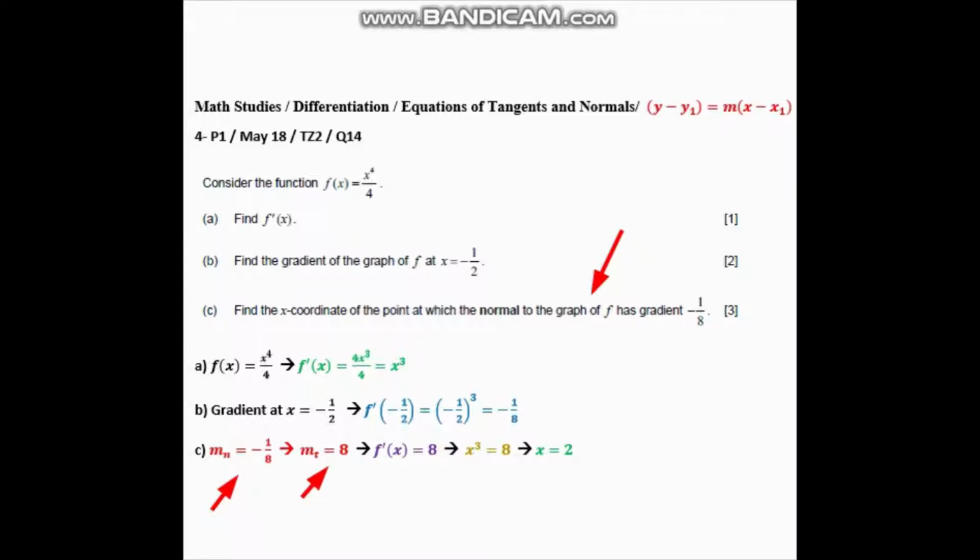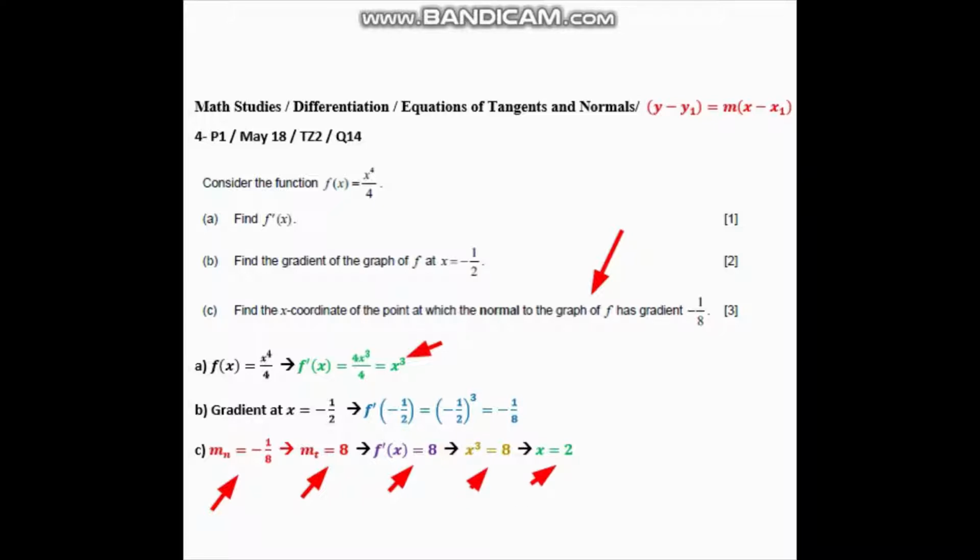Again, I switched the sign and I flipped the fraction. Now, if the slope of the tangent is equal to 8, then I know that f dash of x is equal to 8. Hence, x cubed, which is f dash of x, equals 8. And hence, x equals 2.